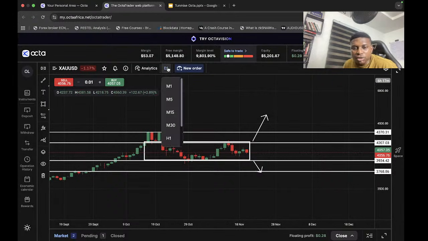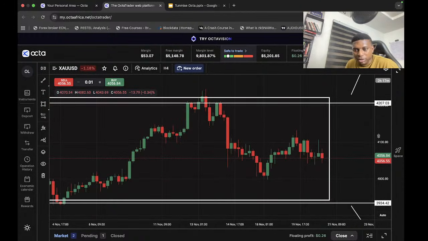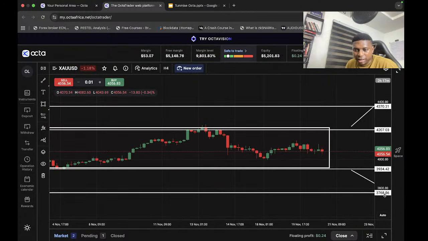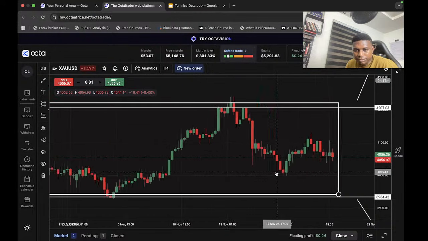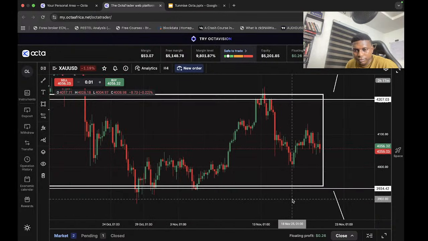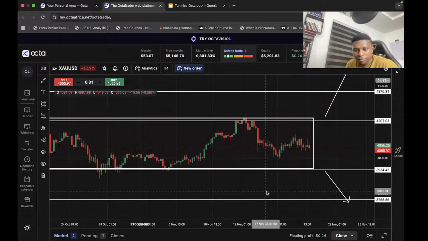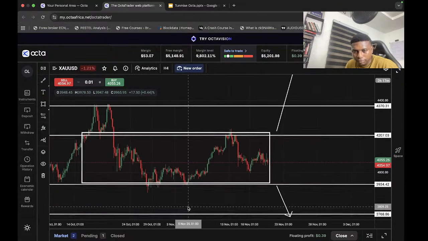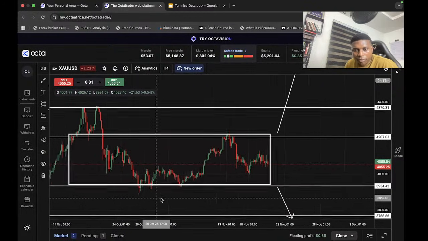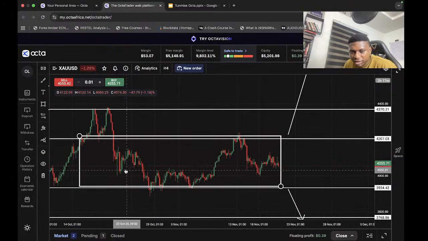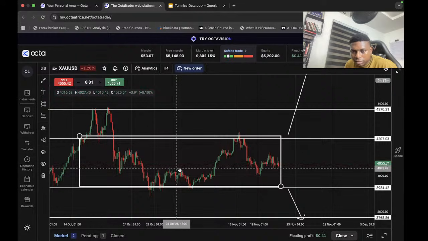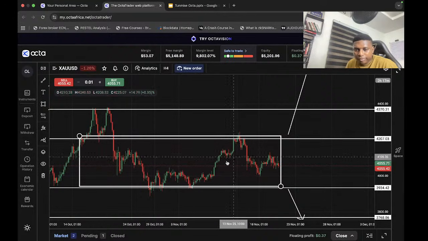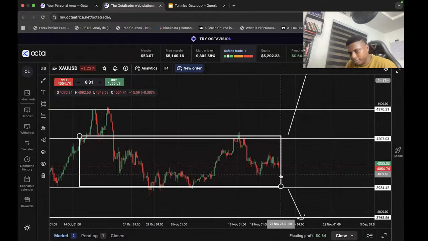So let's go down to the 4 hours time frame to see more clearly what price is doing to better position ourselves. So from the look of things, you would see that price has been ranging.